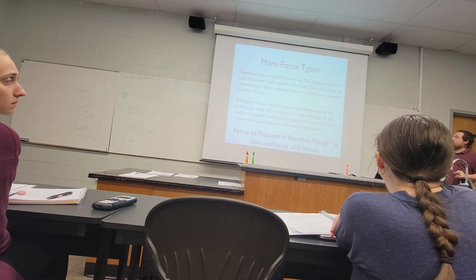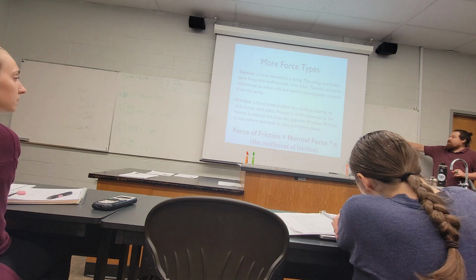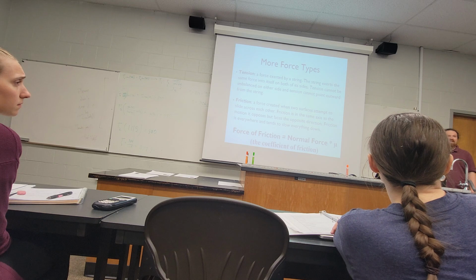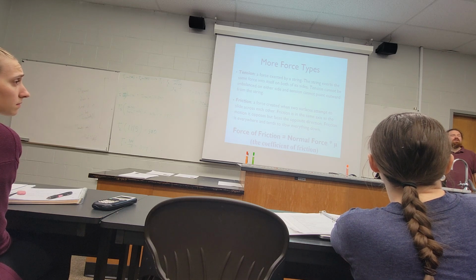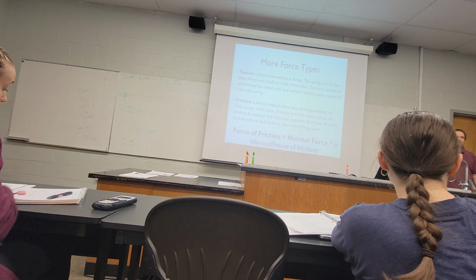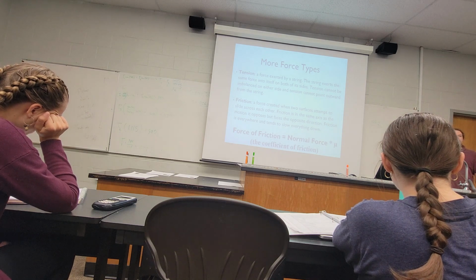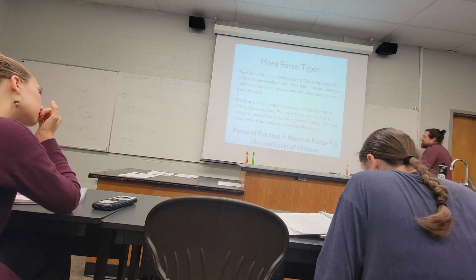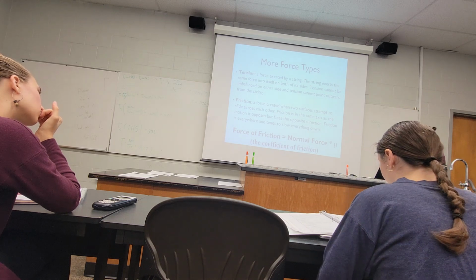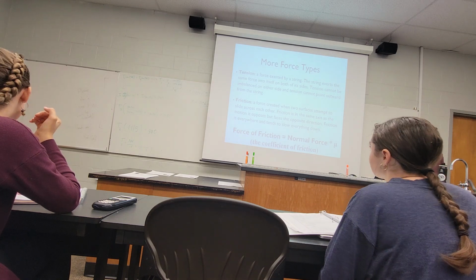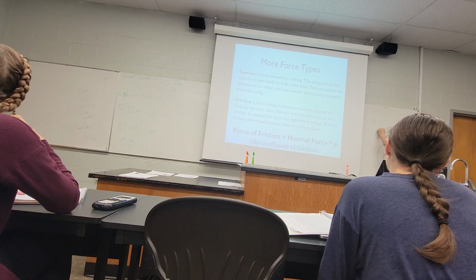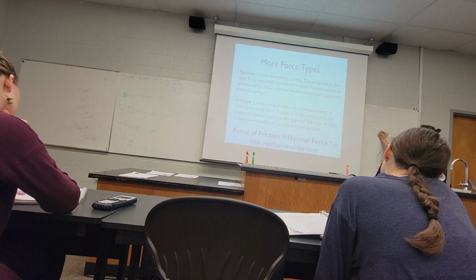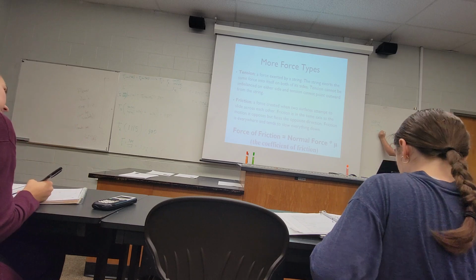When you try to push this box to the right, the very bottom of the box is touching the floor while that happens. And secretly, the floor does not want the box to slide across it. No matter wants other matter to slide across it on a literal atomic level. And so what happens here is the floor is exerting some, this is F subscript F for force of friction.